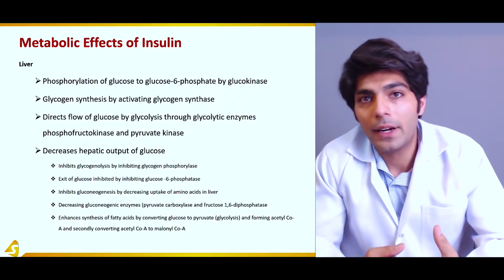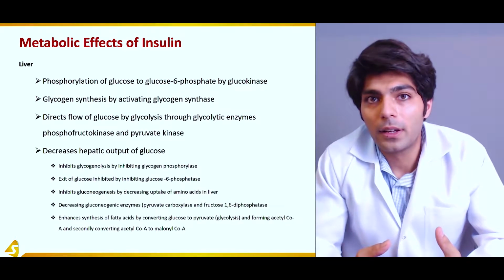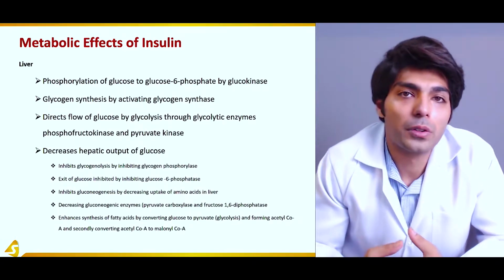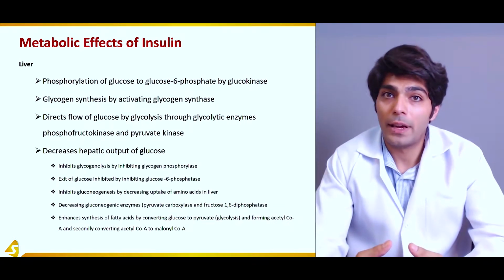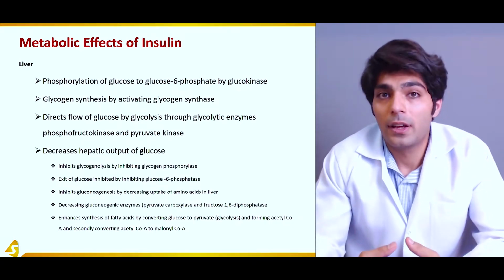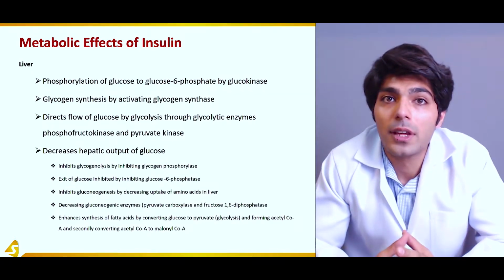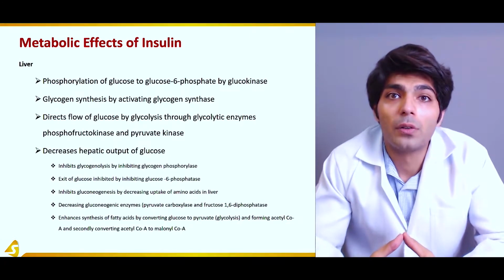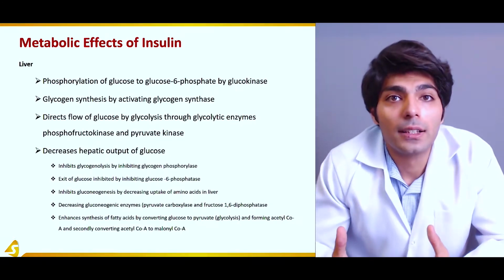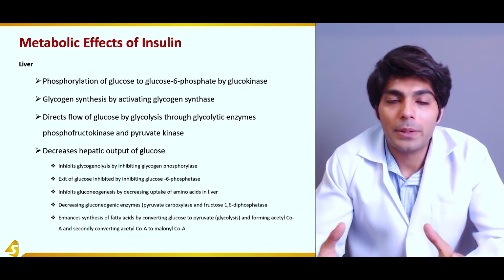Insulin is forming fatty acids with the help of conversion of glucose into pyruvate, which enters into the mitochondrial matrix, where the electron transport of the Krebs cycle occurs, and there is the formation of acetyl coenzyme A, and ATP is released.